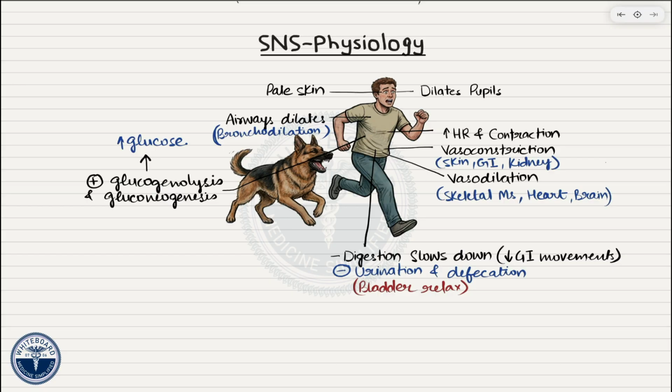Now, as we move through the different receptor subtypes, I want you to continuously compare the effects produced by each receptor with the physiological changes that occur when a person is being chased by a big dog. By making these connections, you will find it much easier to understand and remember the actions of the different adrenergic receptors rather than trying to memorize them as isolated facts.